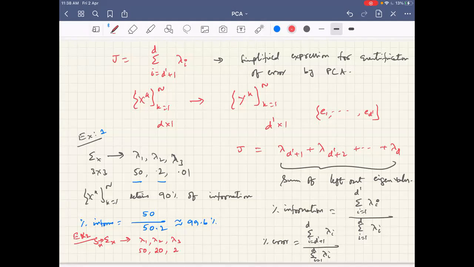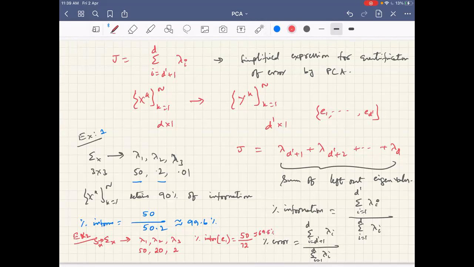In this case, if you want to retain 90% of the information, if we consider only the first eigenvalue, for only e1, we have 50 by 72, which is close to 69%, roughly 70%.